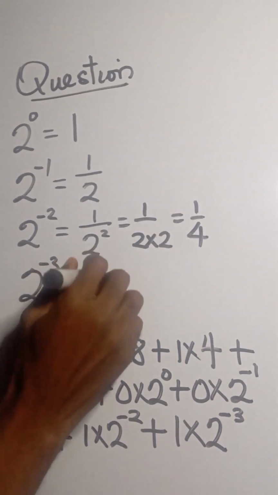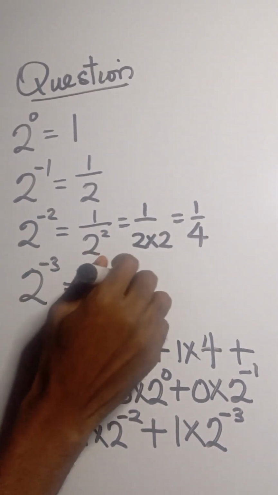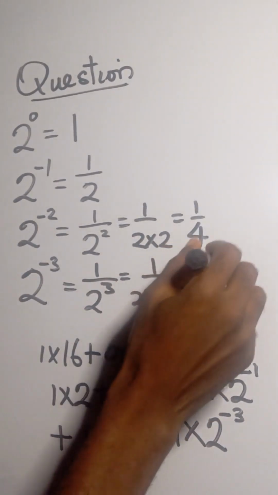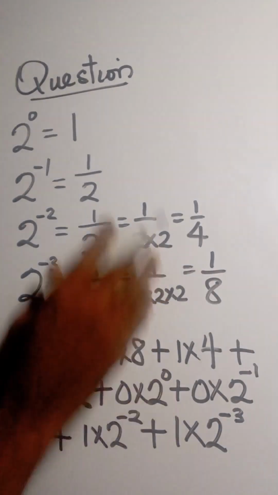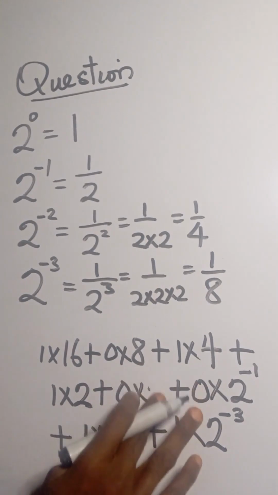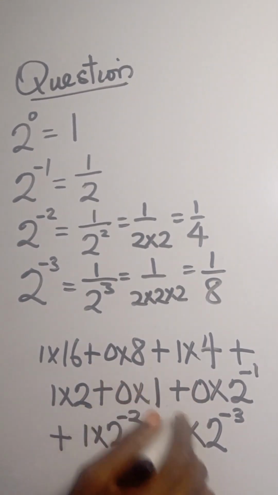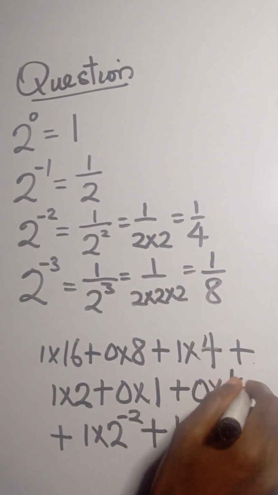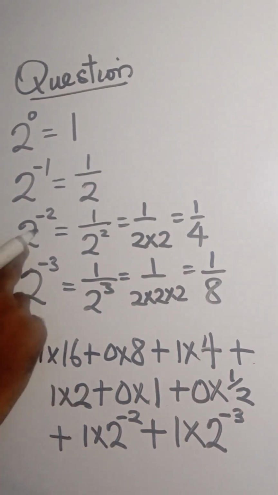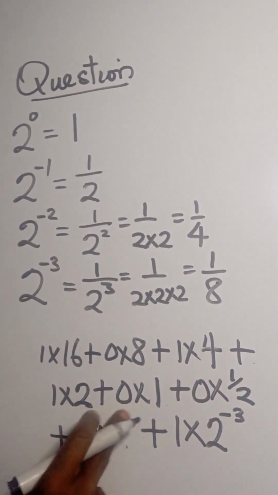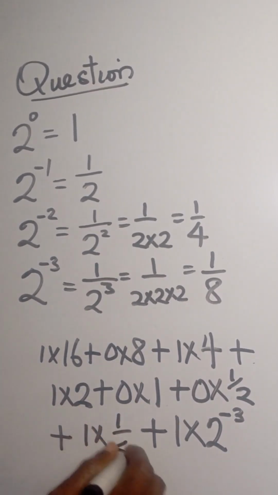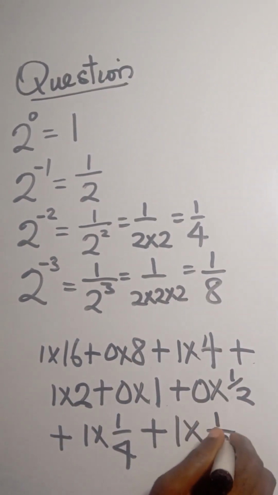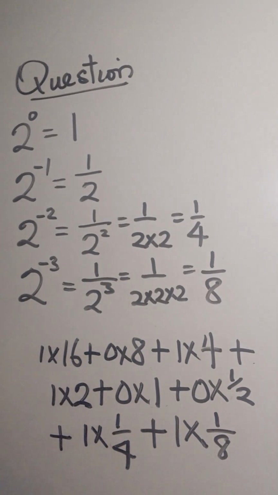And 1 over 2 raised to power 3 means 1 over 2 times 2 times 2, which is 1 over 8. So we input these: we have 1, half, 1 over 4, and lastly 1 over 8. We have now substituted all the powers.